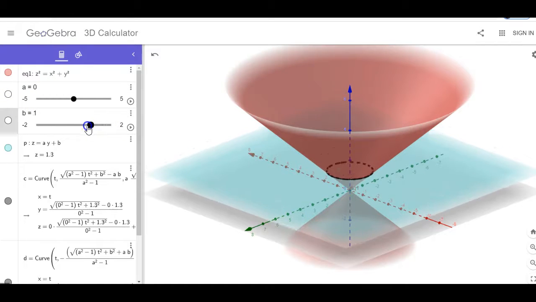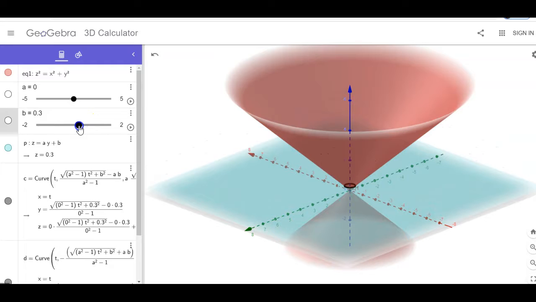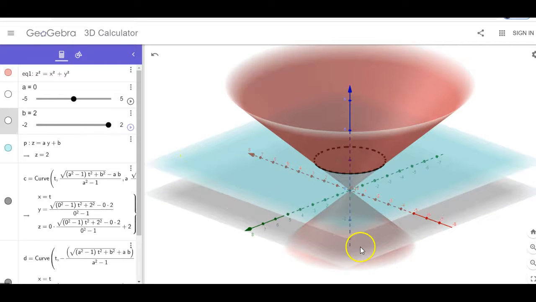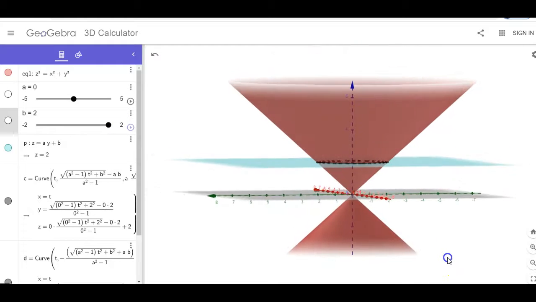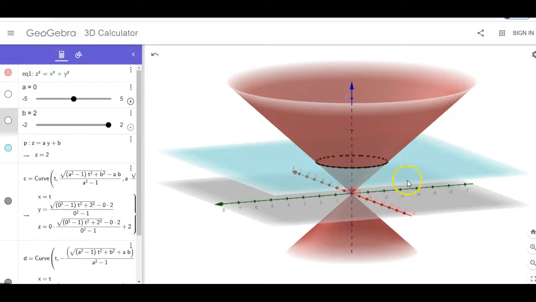Okay, now what's going to happen though? I'm going to go back to 0. Actually, a circle is a conic section. But what are these conic sections? These conic sections, they're just cross sections of this plane and the cone.